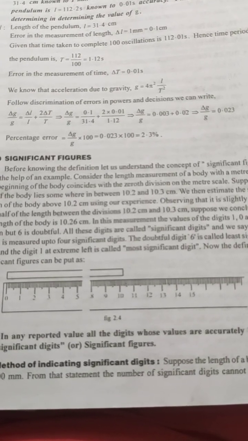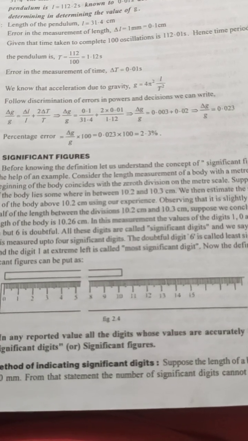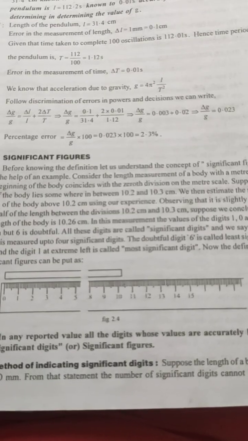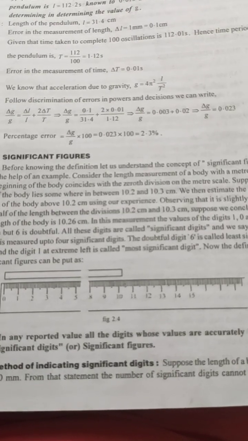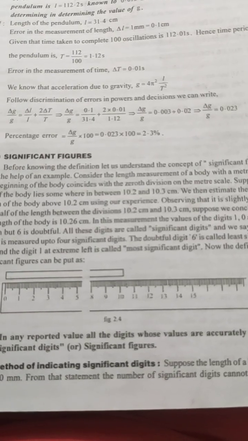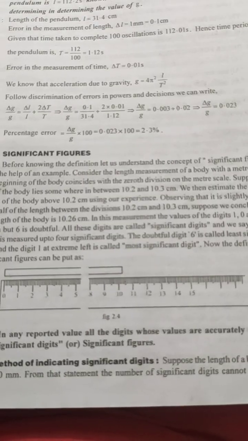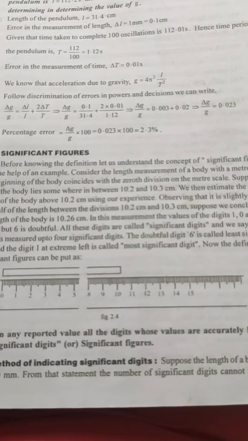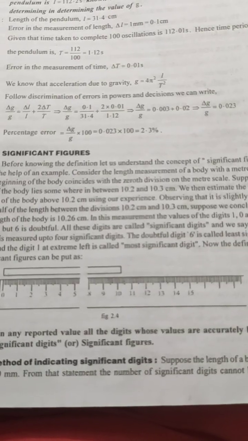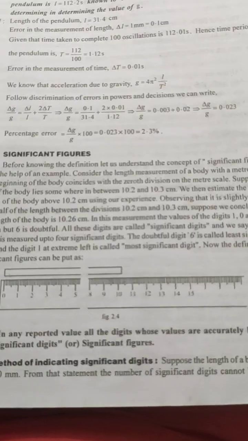Using the error power rule, delta g by g is equal to the power of L, which is 1, times delta L by L, plus the power of T square, which is 2 (it is minus 2, but whenever T square goes up, the power is minus 2, we will take plus 2 only), into delta T by T.